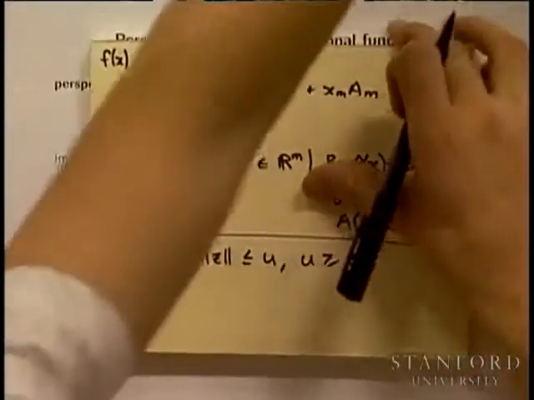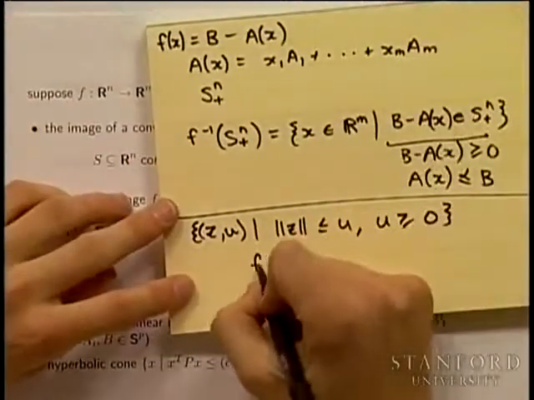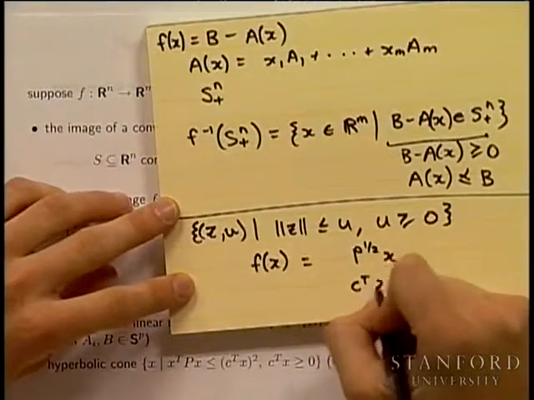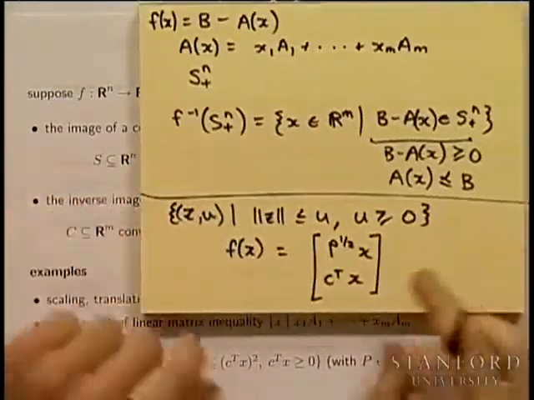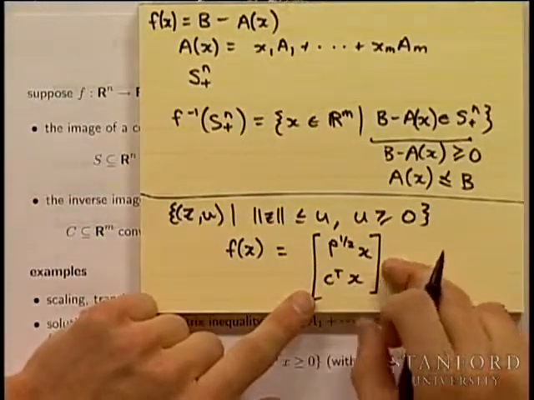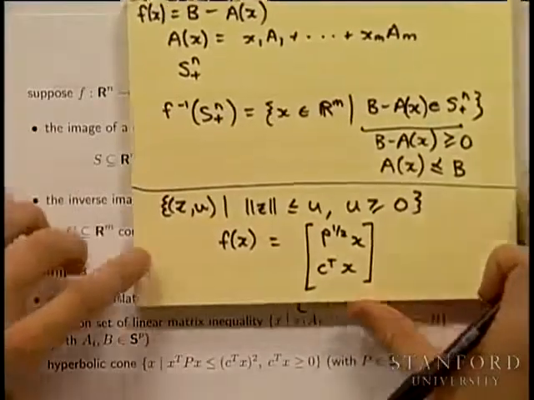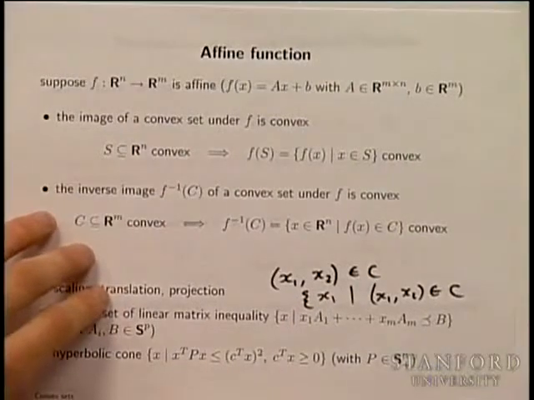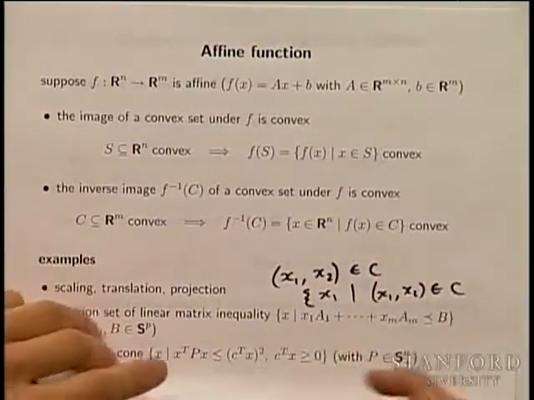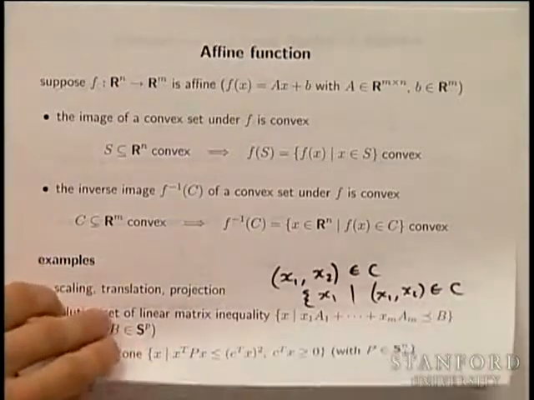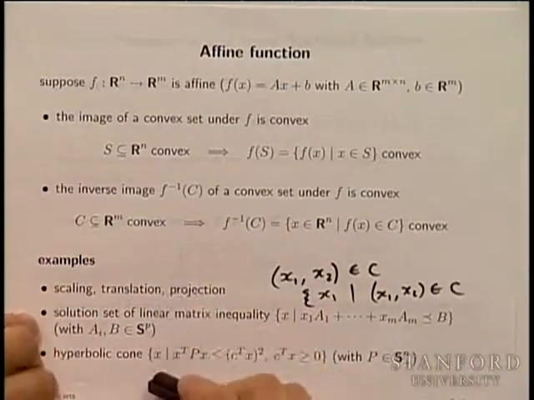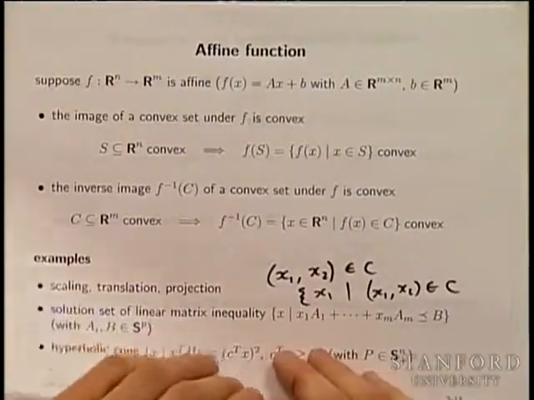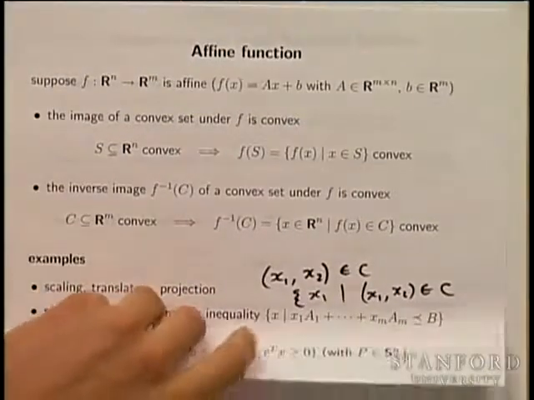And you can see that if we apply the affine function f of x equal to P^(1/2) x and c transpose x, the inverse image of this mapping is also a convex set. So if you take this cone and you map it through here, you get a hyperbolic cone. And again, that's something that will be interesting. So you should verify the details, and as always, details in the book if you need them as well. But here's some quite bizarre sets that are definitely not obviously convex, and you can show quite simply how they are convex, if you know how to do it, of course.